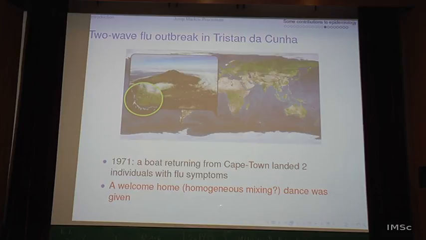But in 1971, bad luck, a boat returned from Cape Town, and a few individuals had been infected during the journey. Two individuals landed on the island with flu symptoms. At this point, they have a tradition of dancing, and so everyone mixed.